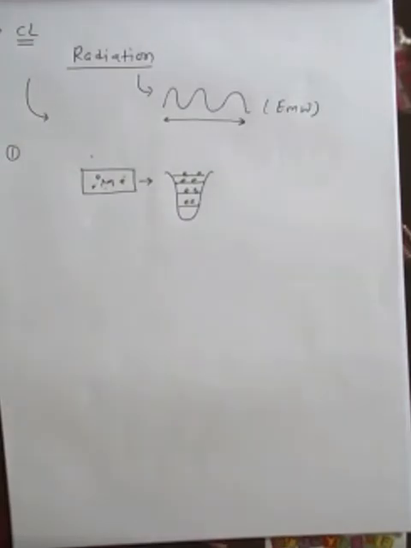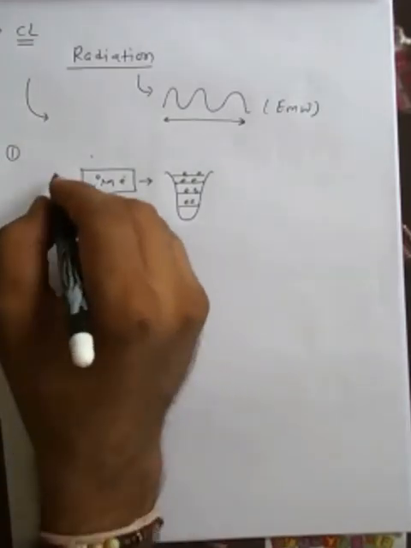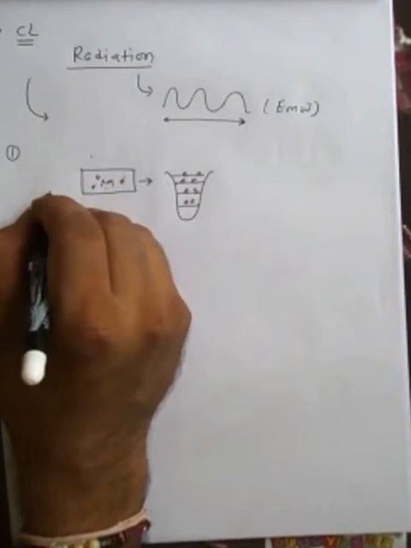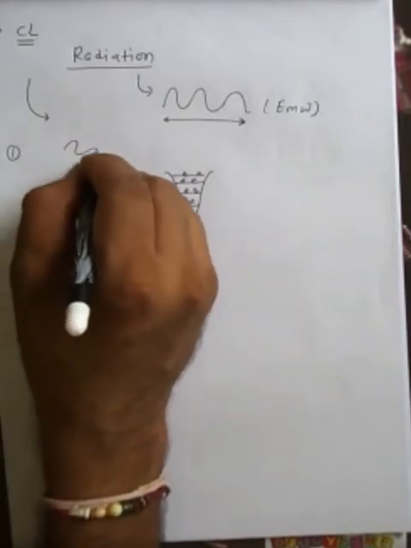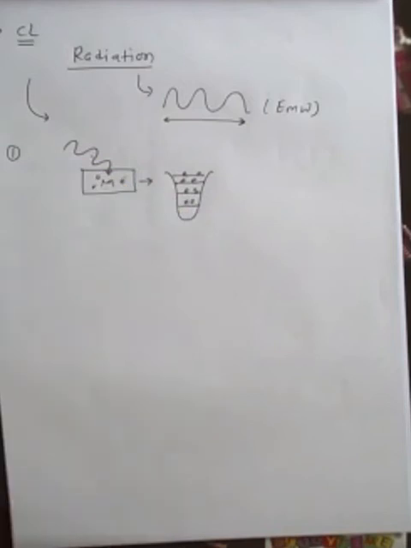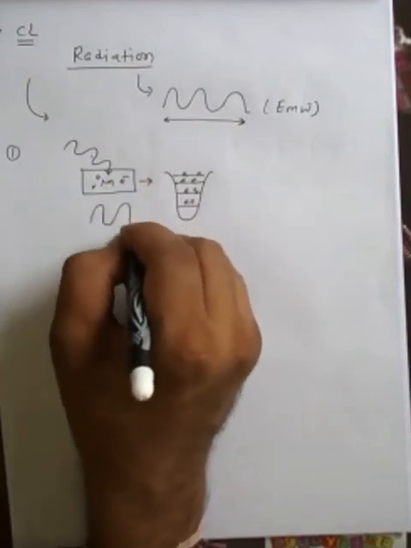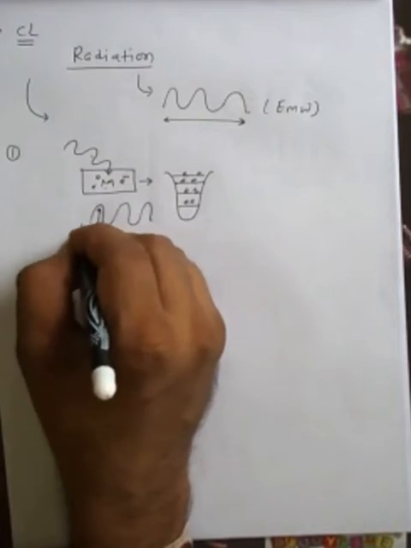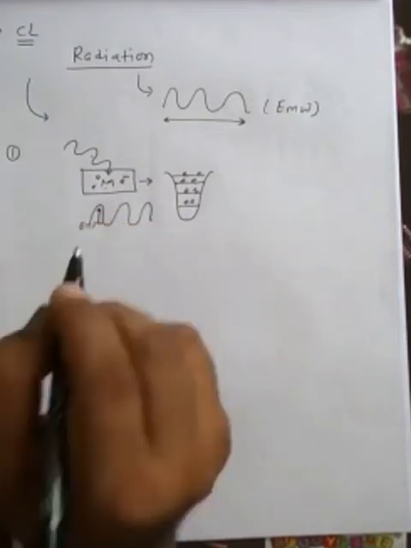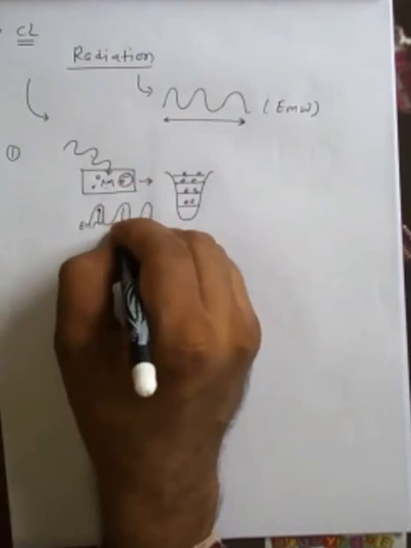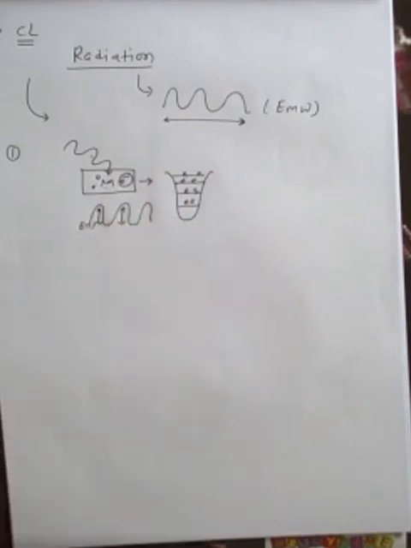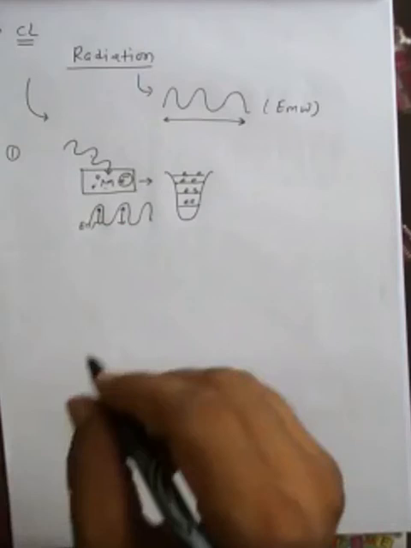If radiation is incident, it means a wave is interacting with matter, and matter means charged particles. A wave has an electric field component varying with time, so these charged particles will start to oscillate with the wave's electric field.